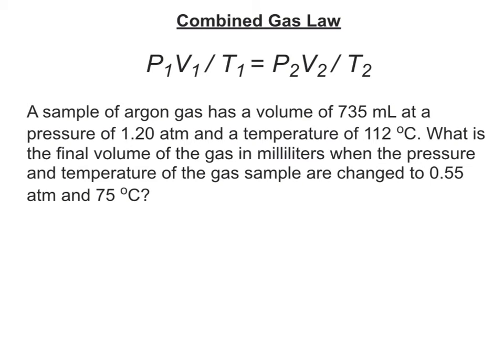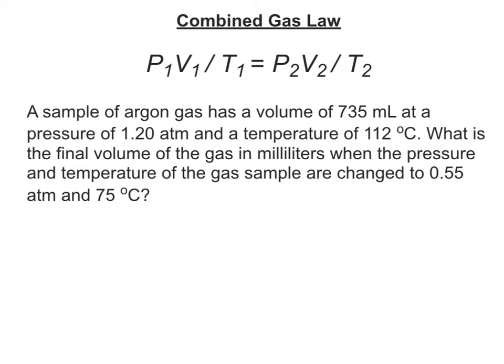So in this question, the variables we are talking about are the volume, pressure, and temperature. The gas law that uses these three variables in one calculation would be the combined gas law. And in this case, we assume that the amount of gas is kept constant.